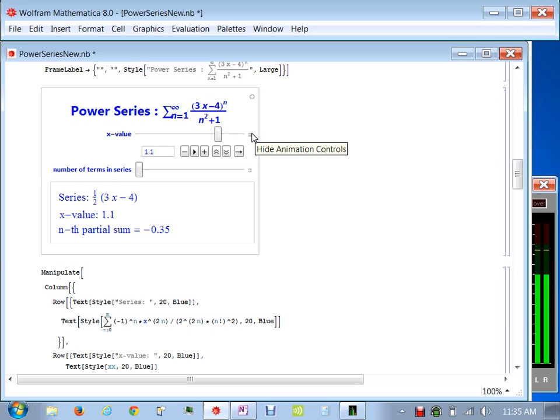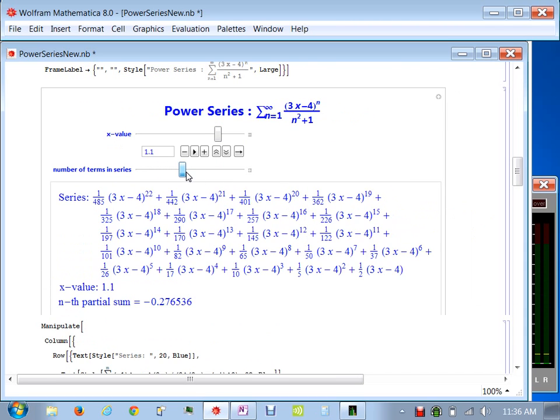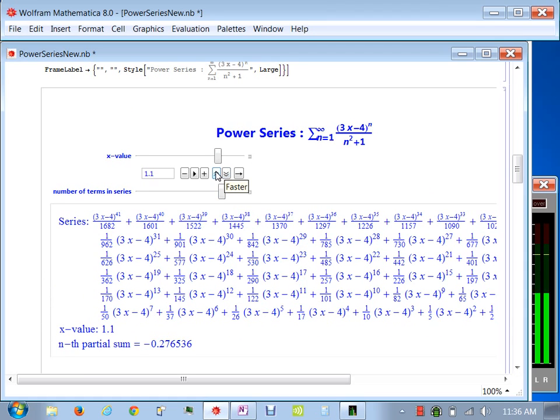So I picked 1.1, right? I picked my x value, and now I'm going to start making terms of the sequence increase, and watch what happens to my nth partial sum. It should do what? It should converge. So I'm going to start grabbing these. Just keep an eye on that nth partial sum. That's it. It looks like it's not changing anymore. So I'm already getting that convergence, you see? But now let me draw it back.